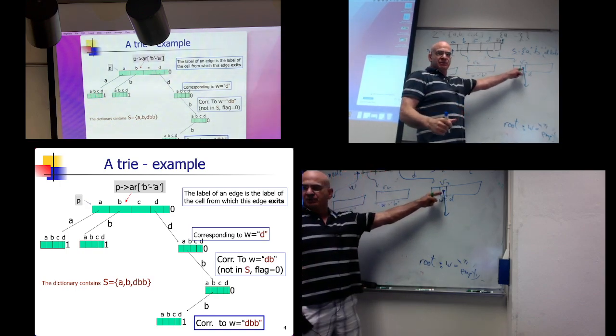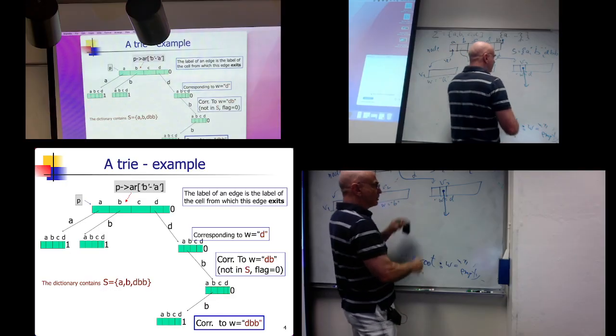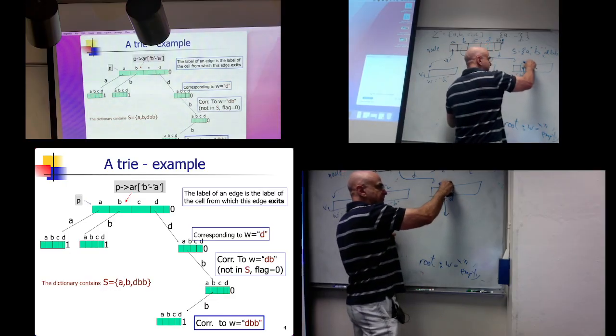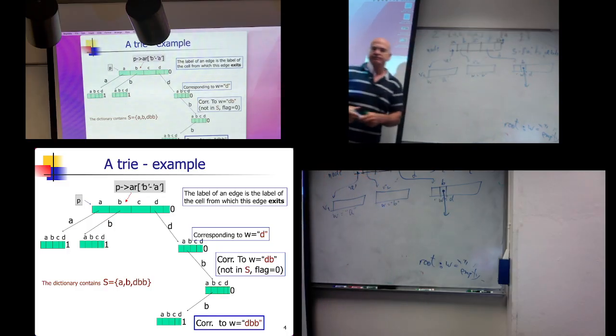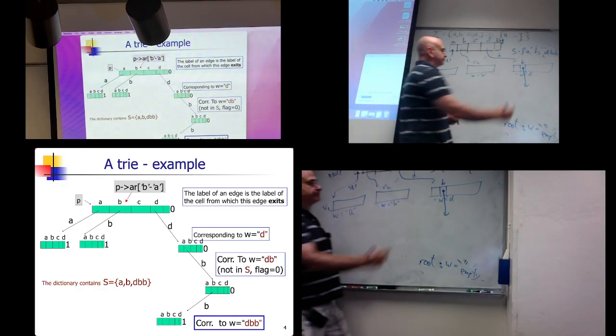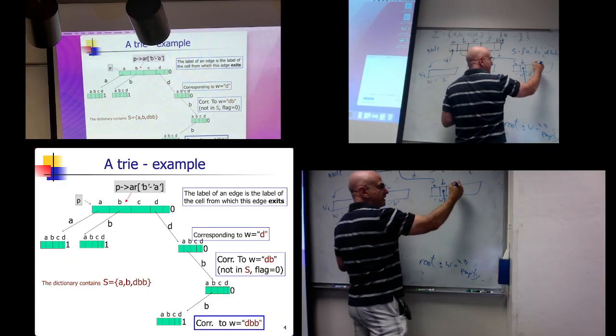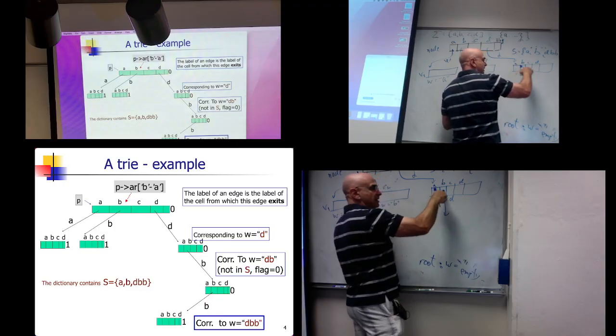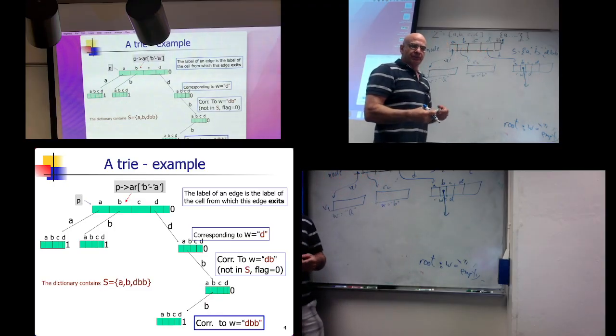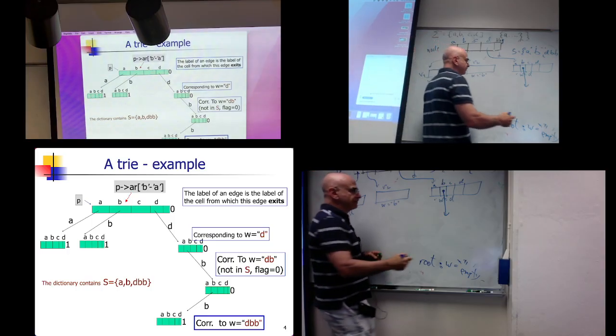Second cell corresponds to what? Second cell corresponds to B. So the first cell is A, next cell is B, next cell is C, next cell is D. This cell corresponds to B just because it's the second one. That's how I know that it corresponds to B.